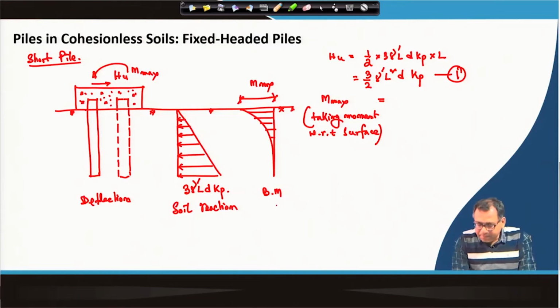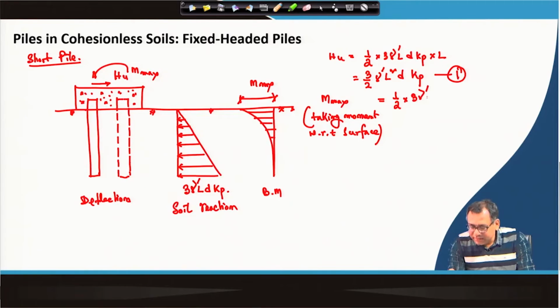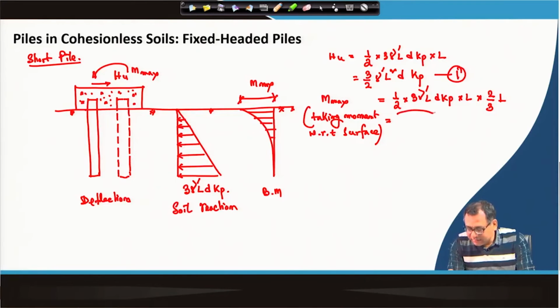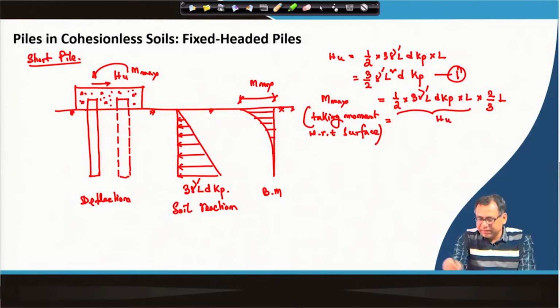So, that will be half into 3 gamma dash L d K p into L into 2/3 of L, because from the base it is 1/3, from the top it is 2/3. And this is nothing but Hu.